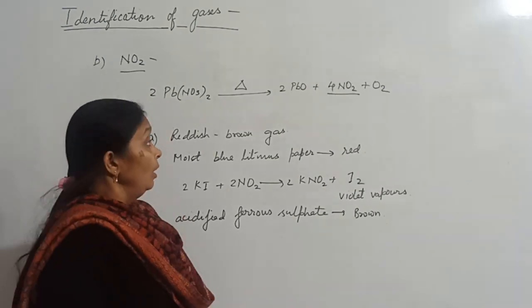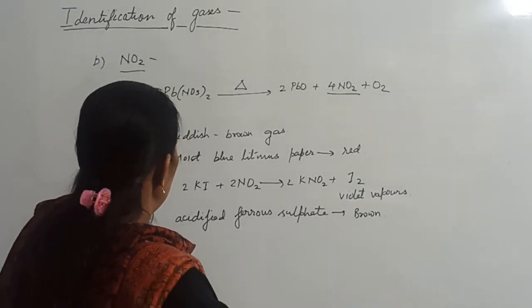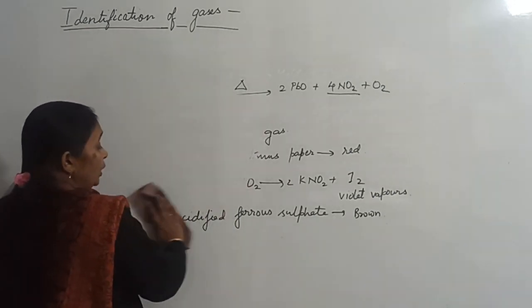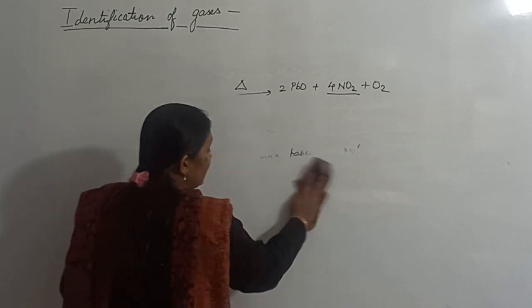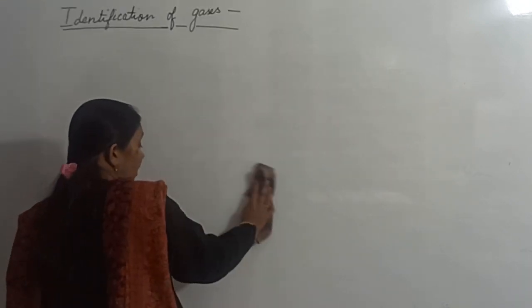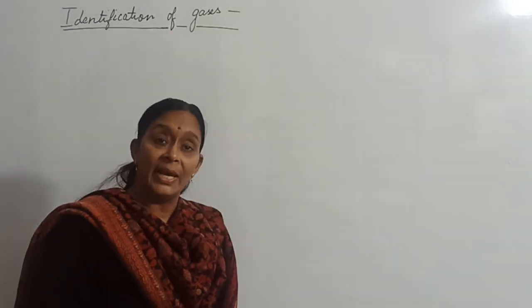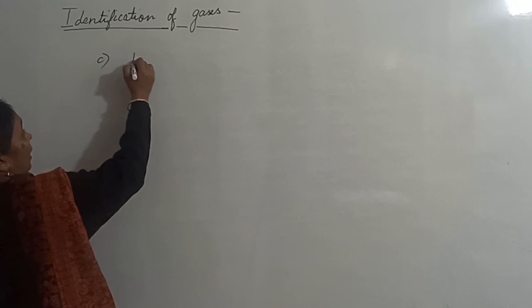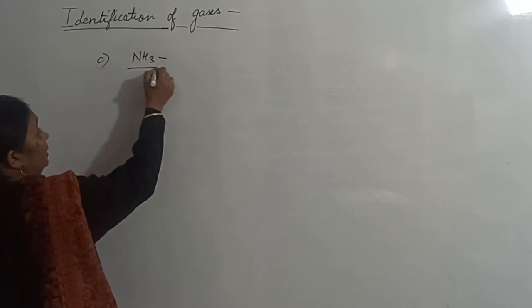Now the last gas for today is ammonia gas. Ammonia gas is different from other gases which we have studied till now in a way that ammonia is a basic gas. So let's see this last gas, ammonia, that is NH3.